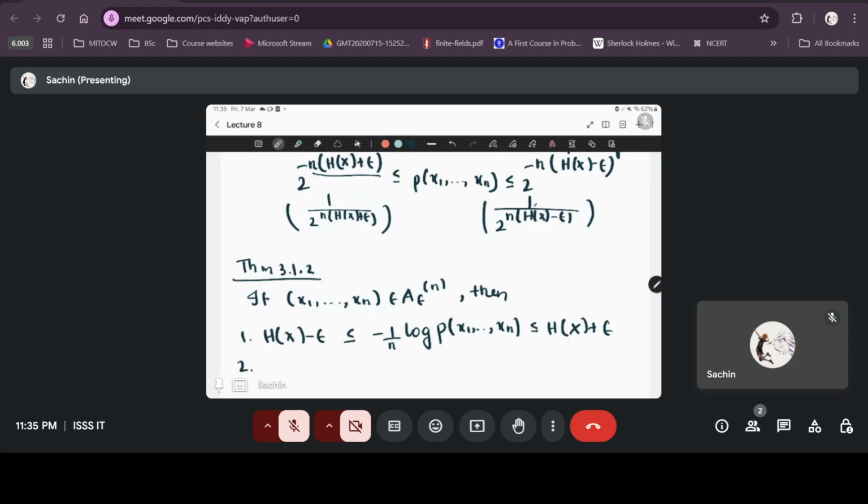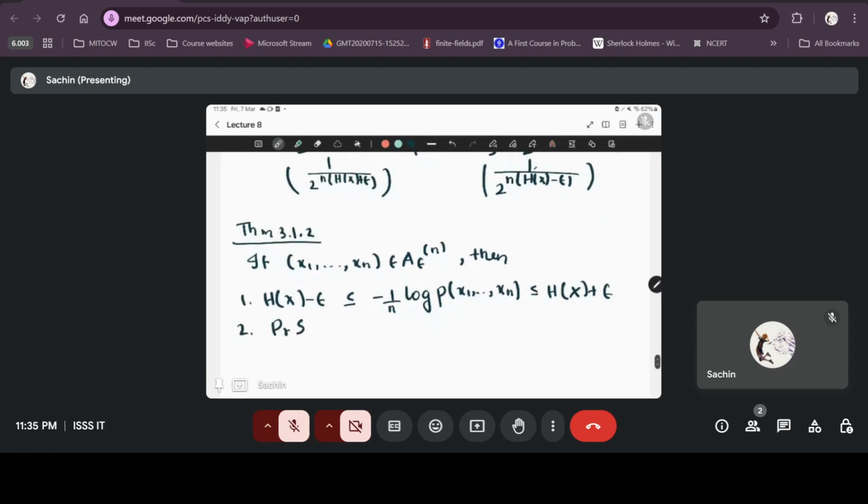Second point, the probability of this typical set A epsilon n is greater than or equal to 1 minus epsilon for n sufficiently large.